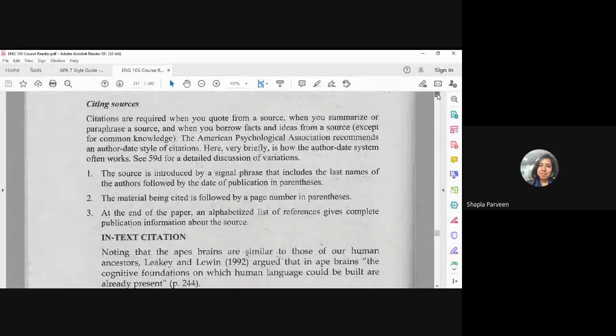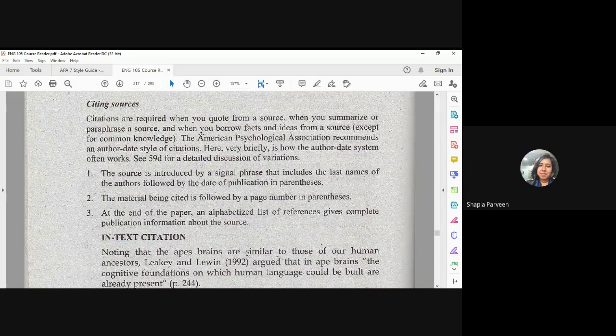Okay, so citing sources. Citations are required when you quote from a source, when you summarize, or when you paraphrase a source, and when you borrow facts and ideas from a source, except for common knowledge. If the idea is common knowledge that everybody knows, then you don't have to provide the source documentation.